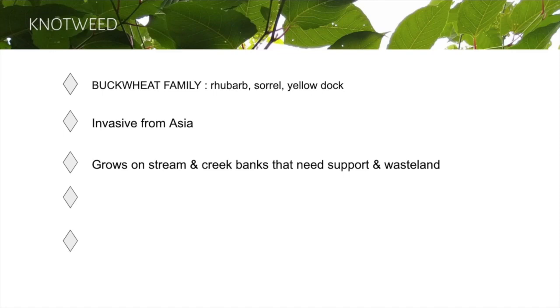Knotweed also likes to grow in neglected areas, so wastelands, places that are pretty barren and don't have a lot growing there. Knotweed also tends to grow along the border areas of yards, because these are places that are not constantly mowed, and so it gives knotweed an opportunity to set root and grow.